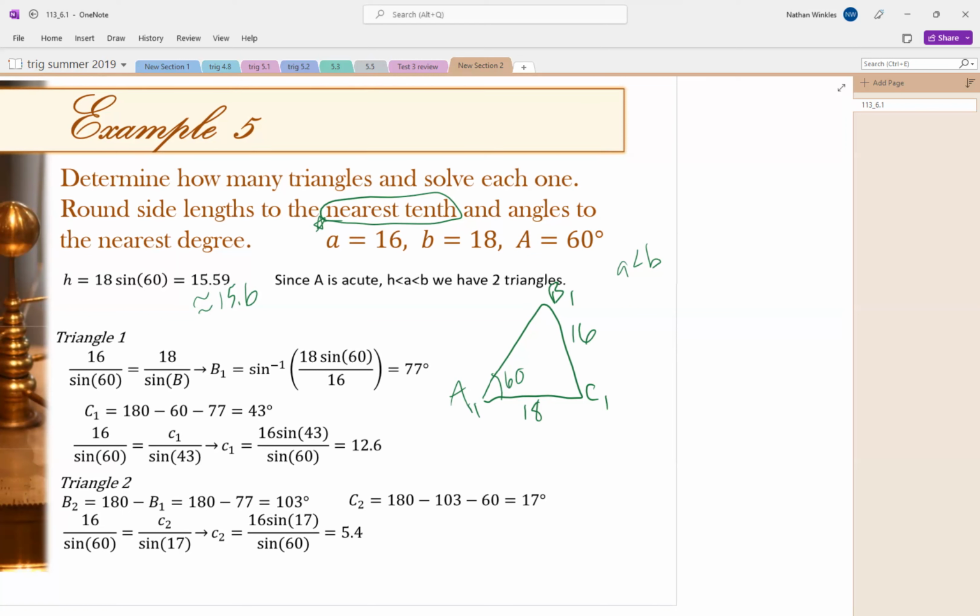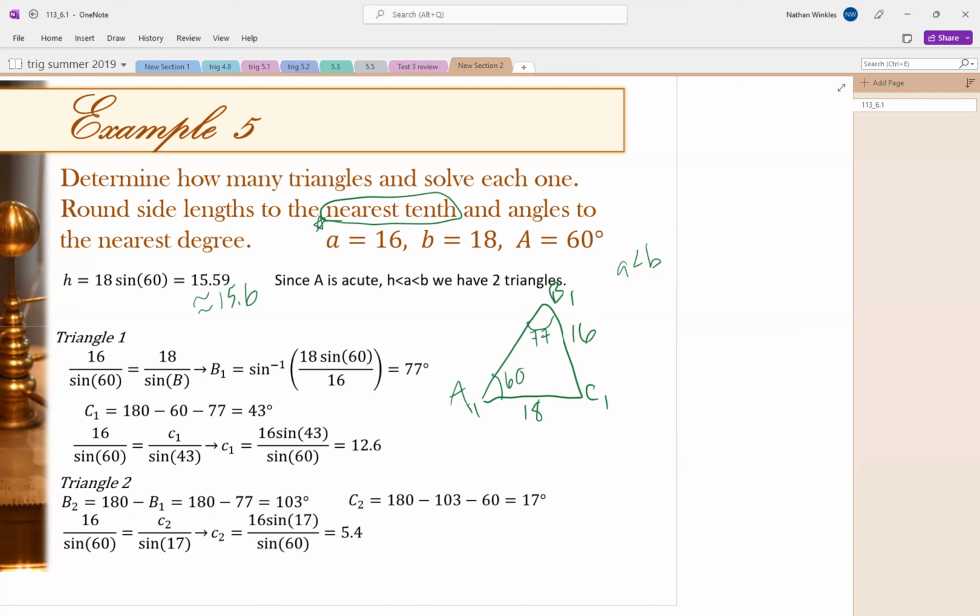So we would have 16 over sine 60 is equal to 18 over sine of B to find this angle. So that means B1 is equal to inverse sine of 18 sine 60 over 16, which is 77 degrees. To find C1, we literally do 180 minus 60 minus 77 to get 43 degrees.